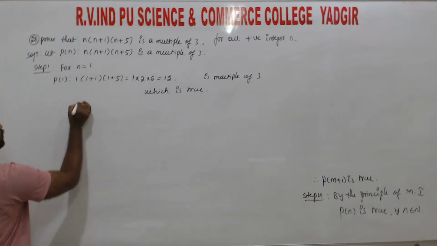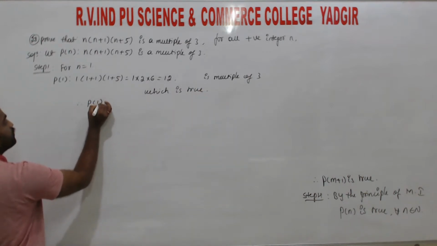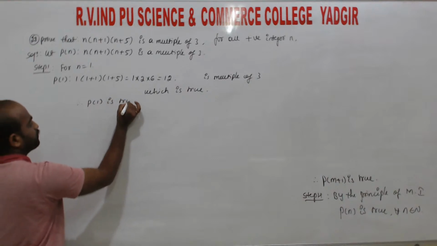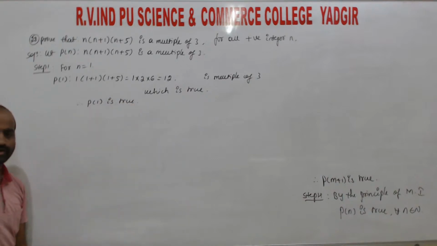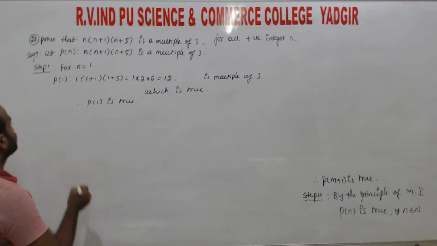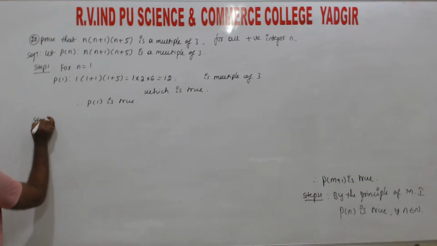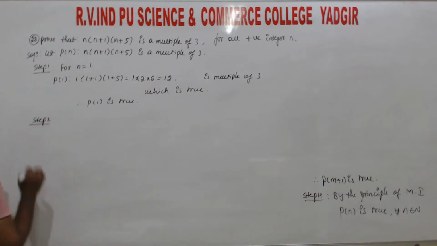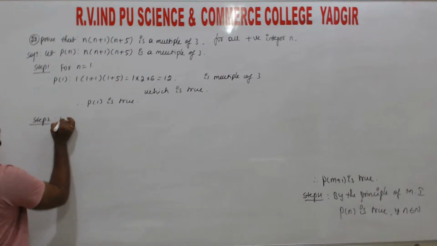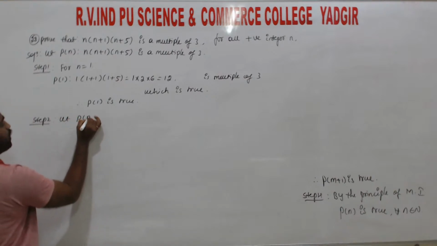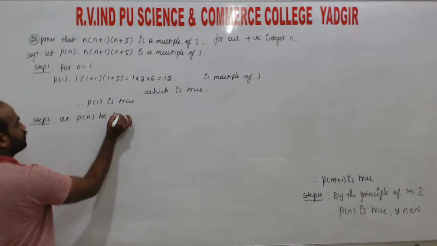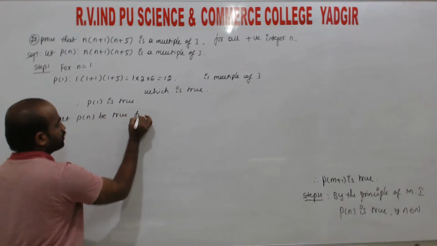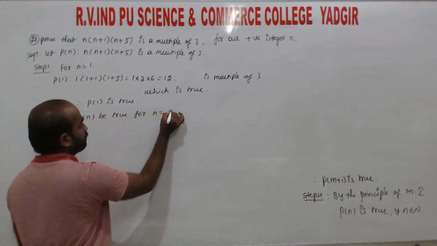Okay, therefore P of 1 is true. Next, step 2. Let P of n be true for n equal to m.